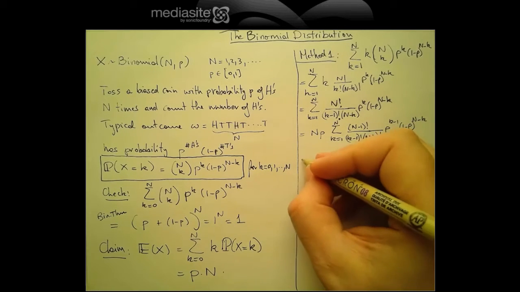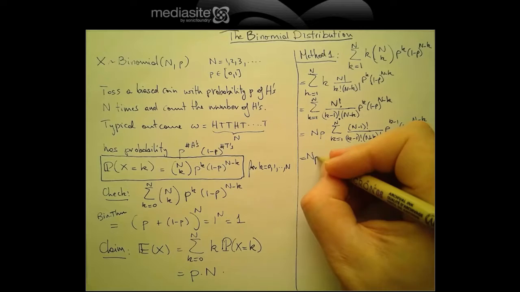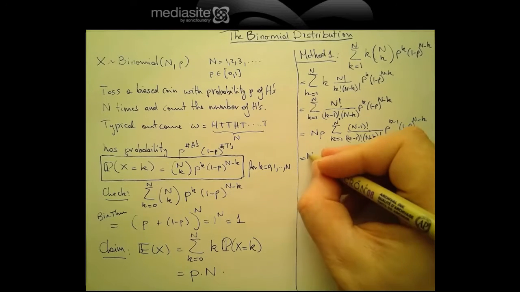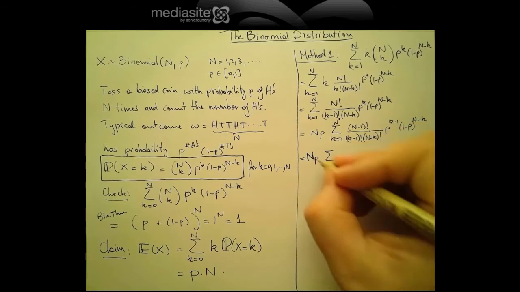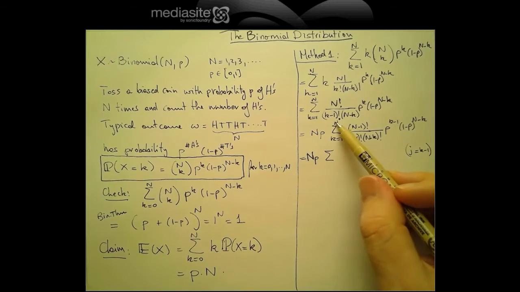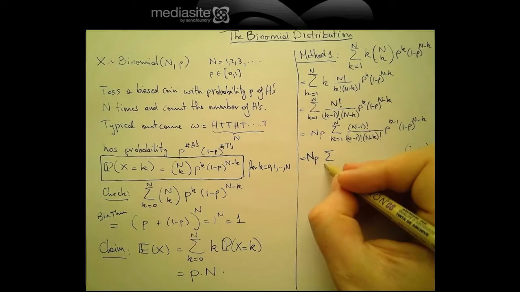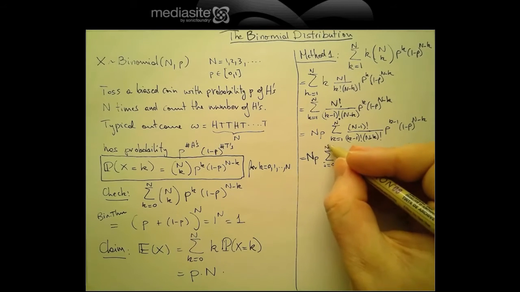So I'm going to let j equal k minus 1. This is my change of variable in the summation. And it's kind of like changing variables in an integral, right? You look at the endpoints, k goes from 1 to n. When k goes from 1 to n, j goes from 0 to n minus 1.